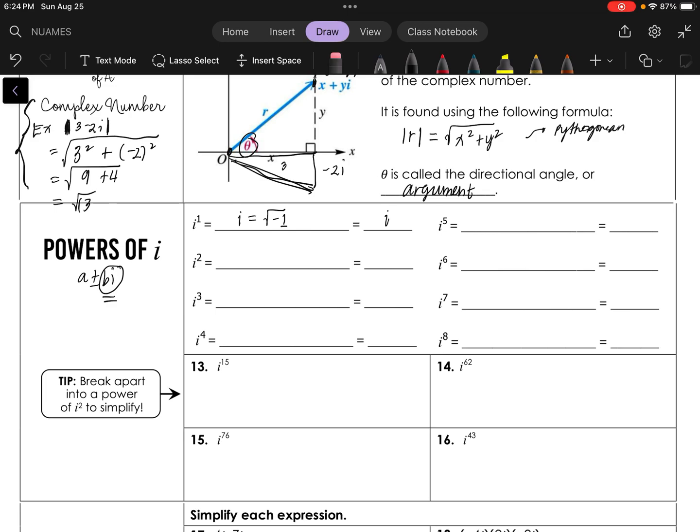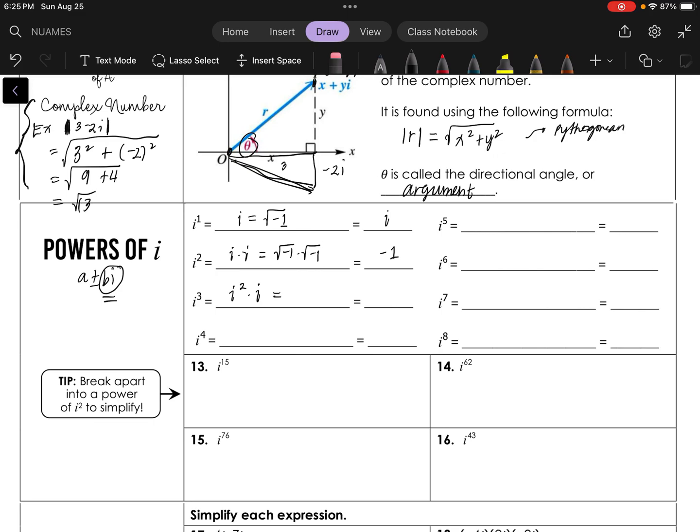Just i. Now, i squared is just basically i times i, and we know that i is square root of negative 1 times square root of negative 1. And by product, we say that this is just equal to negative 1. So i cubed, on the other hand, we know that this is just i squared times i.